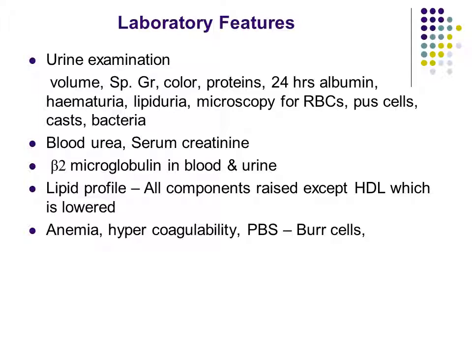So instead of calling it hyperlipidemia, we call it dyslipidemia. There will be anemia and hypercoagulability of blood, and on peripheral blood smear examination you will see burr cells. ASO titer will be increased and serum complement levels will be decreased because these complements are used and deposited in the kidney.